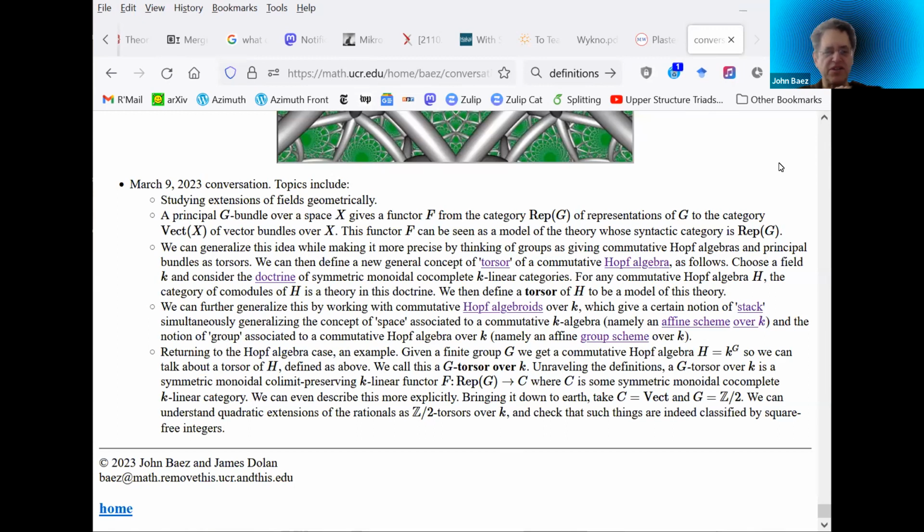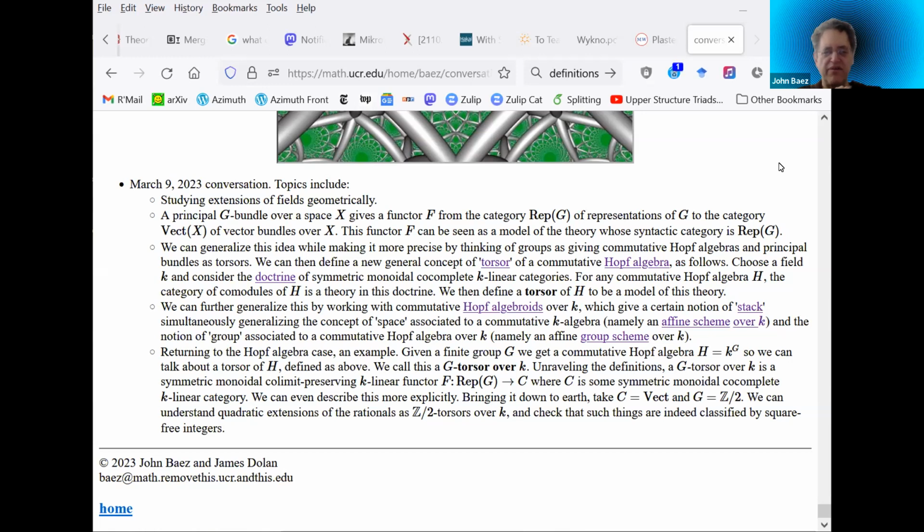And then there was a digression where you pointed out that we could generalize this even further by working with Hopf algebroids. You like to think of that as giving a certain kind of notion of stack, which simultaneously generalizes the concept of space associated to commutative algebra.